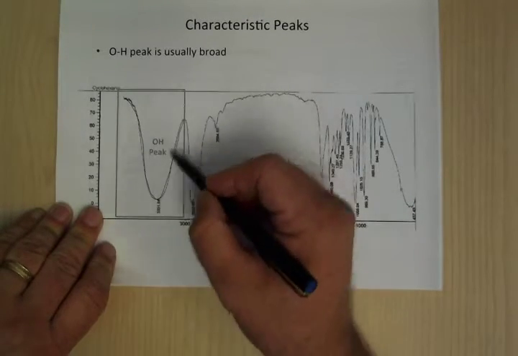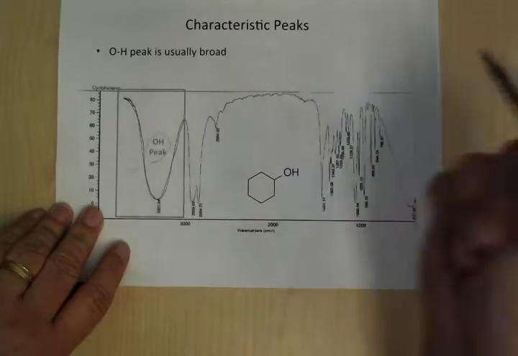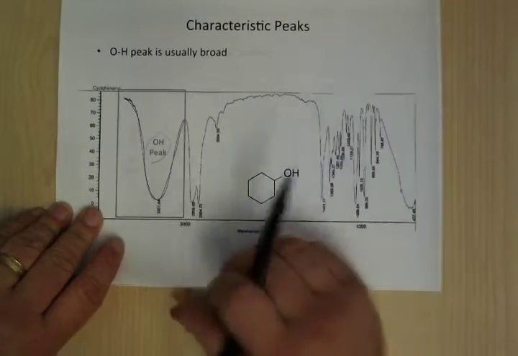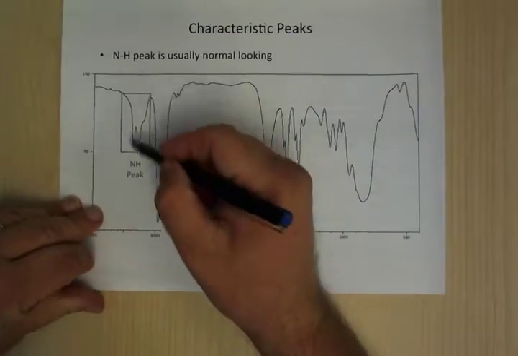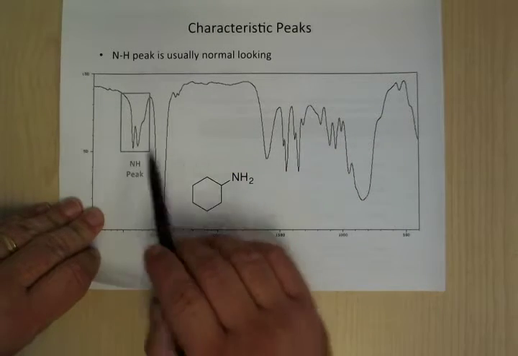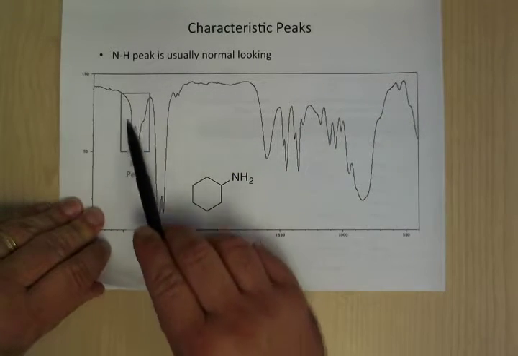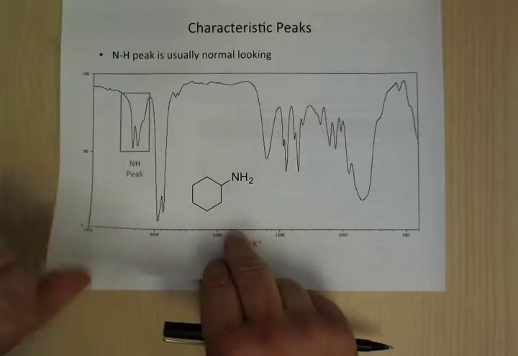But if you see this big broad peak, you can pick that out quickly as an OH peak. Okay, so big broad peak. Because if you have an NH peak, it's going to be more typical looking in that it's going to be like this. So for cyclohexylamine, it's going to look like this. Okay, so this is the NH peak.